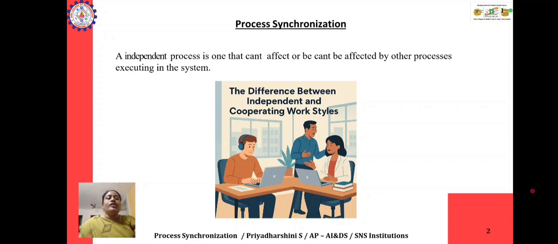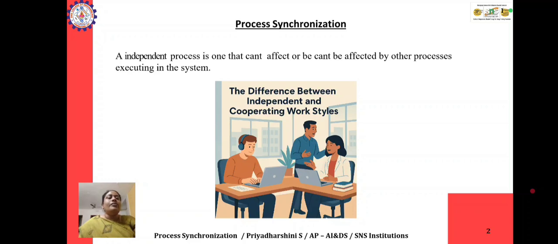So he is not going to be affected by, or affect, other processes in the system. Whereas in the second case, they are going to share resources, they will be affected and they will be affecting. All this chaos may happen in a cooperating process. To avoid this chaos, we need process synchronization.